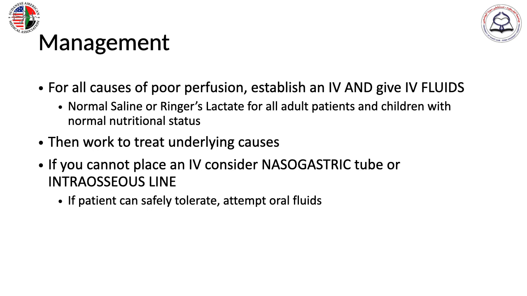If you are in a low resource area or you cannot establish an IV line, consider rehydrating by intraosseous or nasogastric tube. If the patient is not in severe shock and it is safe to give orally, sometimes you can consider oral hydration.